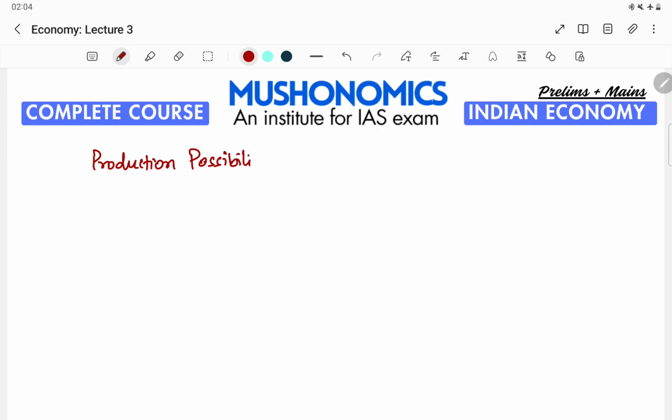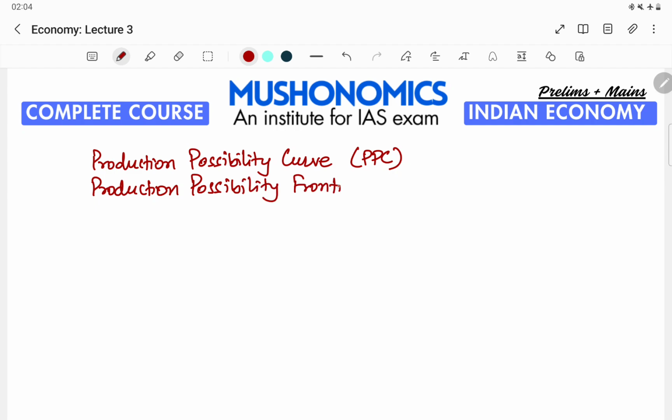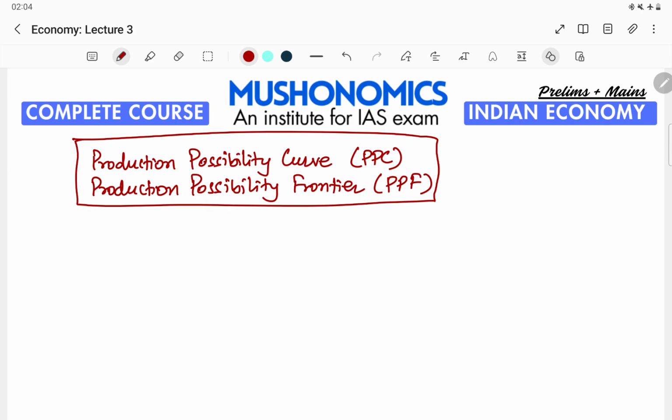Production possibility curve, PPC, also called production possibility frontier, PPF. Frontier means boundary. Let's see what exactly it is.